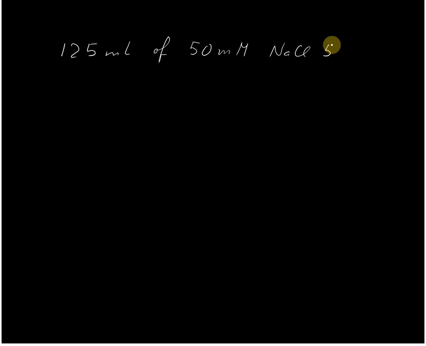This is 58.44 gram per mole, so that is sodium chloride, and we want to know how many grams do we actually have to weigh in order to get this solution.